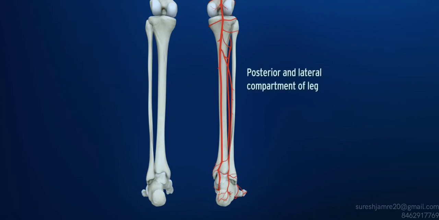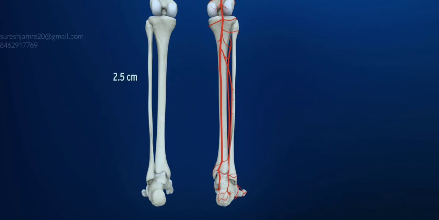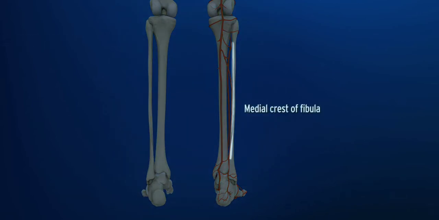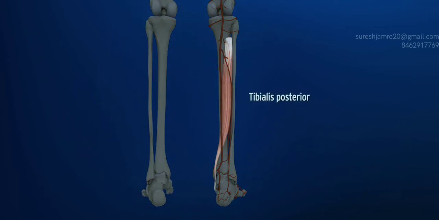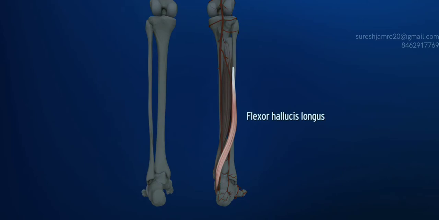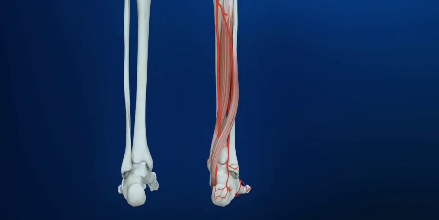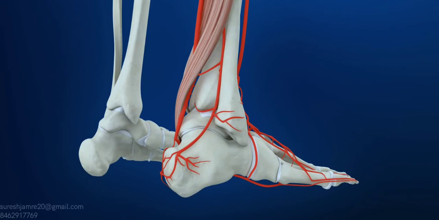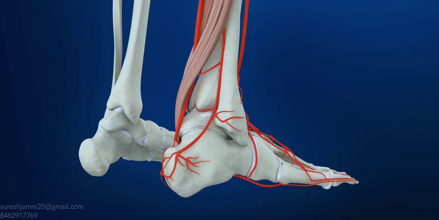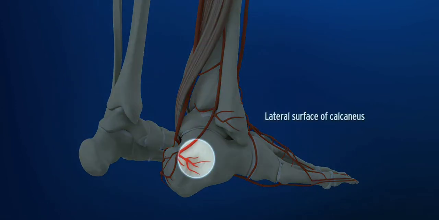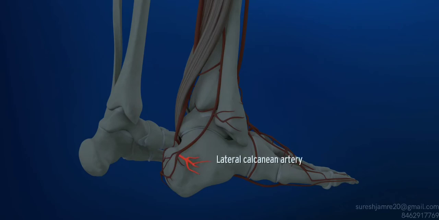It supplies the posterior and lateral compartment of leg. It arises 2.5 centimeters below the commencement of the posterior tibial artery. It descends along the medial crest of fibula between tibialis posterior and flexor hallucis longus. It passes behind the inferior tibiofibular joint and ends on the lateral surface of calcaneus as lateral calcaneal artery.